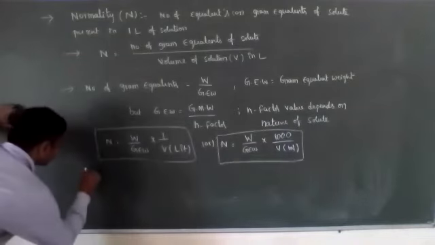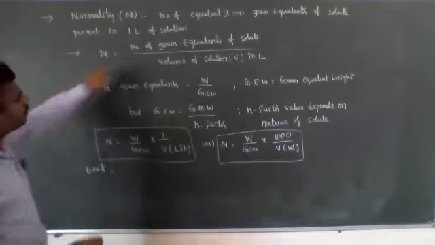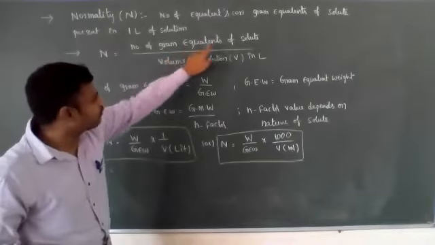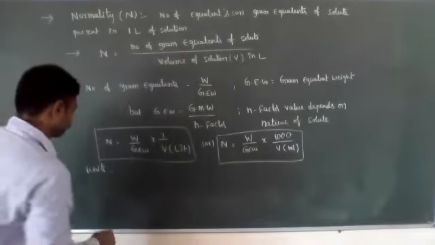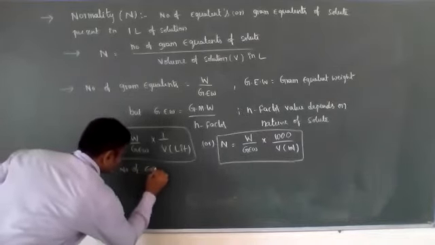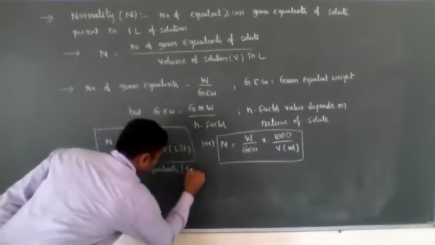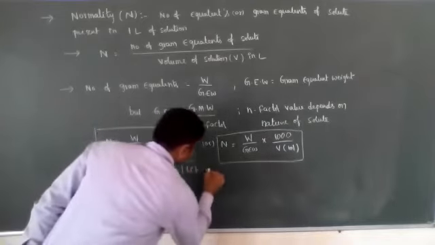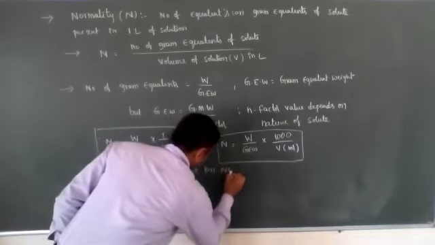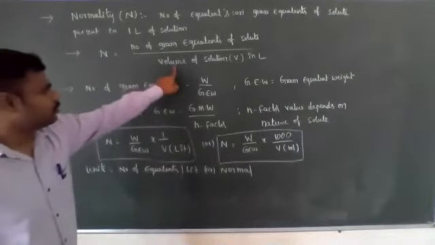Now units: number of equivalents per liter, or normal. So in normality also, the denominator volume is present.